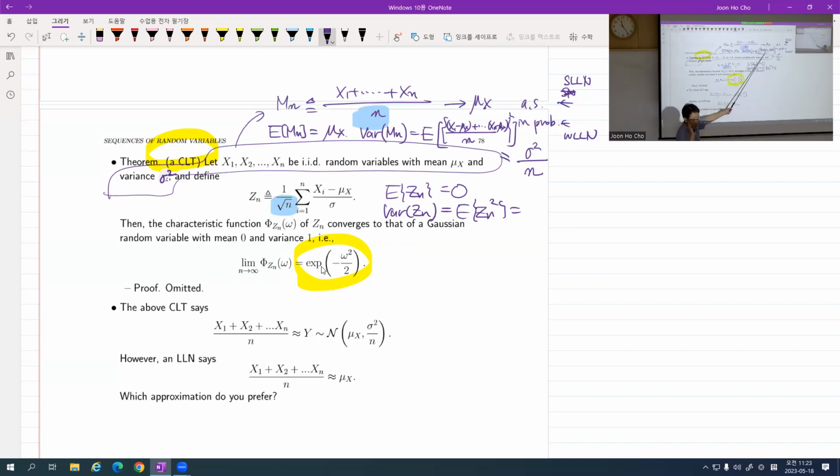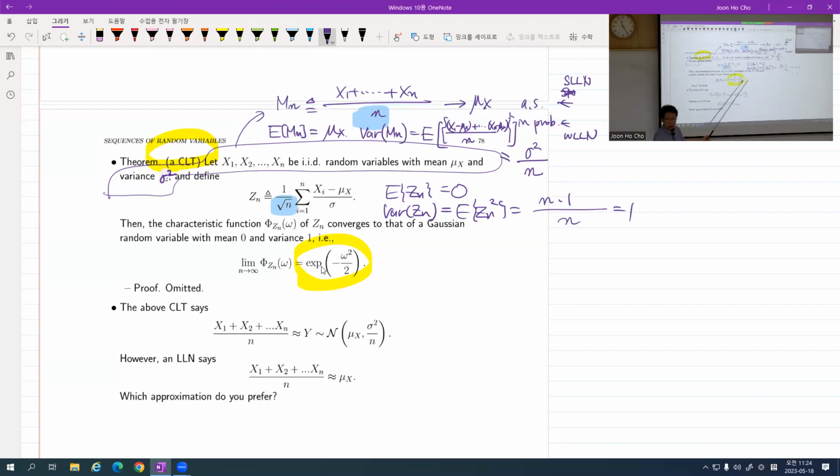Only the squared terms remain, and each becomes 1 over n. So here you have n times 1/n, which gives 1.